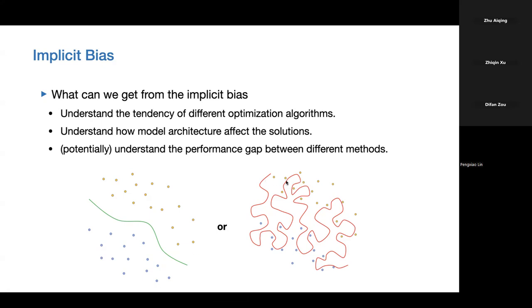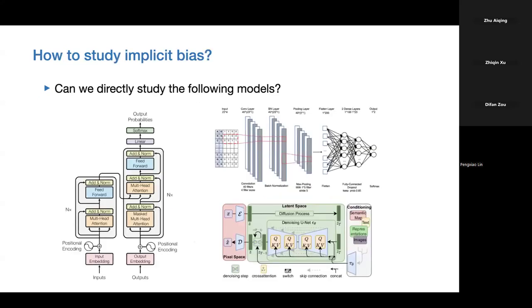They can both give you zero training error, but they can perform very differently in terms of generalization. So we want to study which solution is preferred by which algorithm or which model architecture, so that we can anticipate the generalization performance.